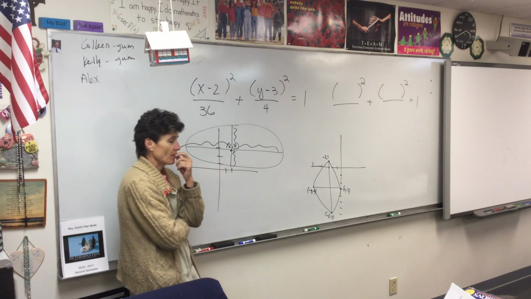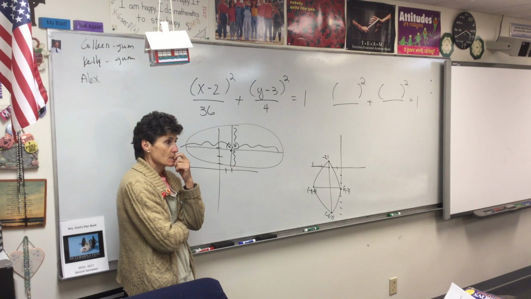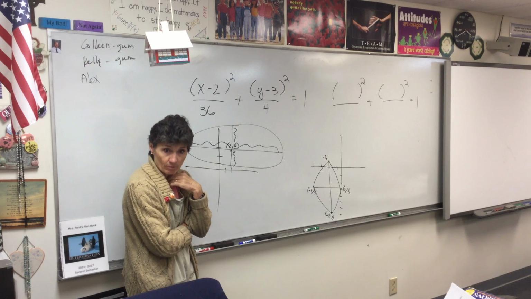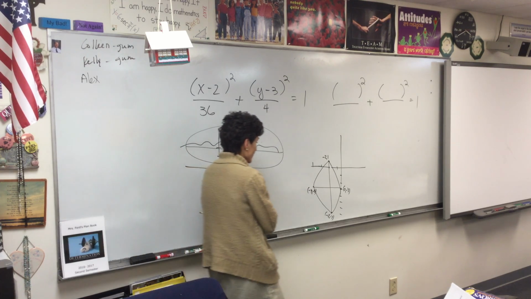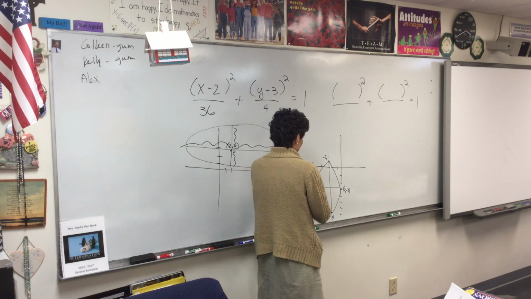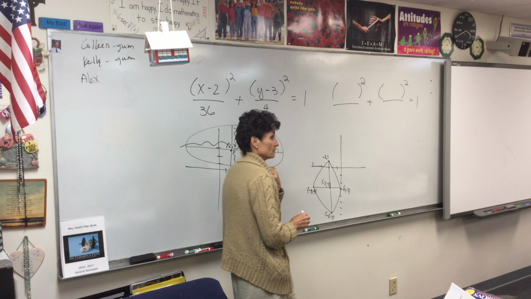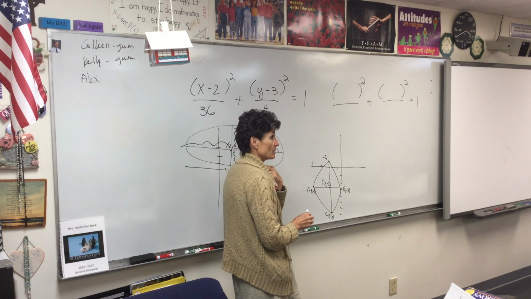Any ideas about that? Well, where they cross would be the center, right? Can we tell where they cross? Negative 2, negative 3. Is that okay with everybody?